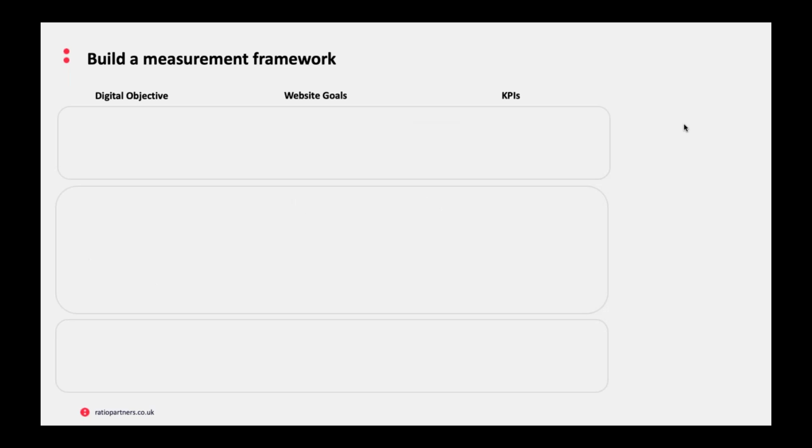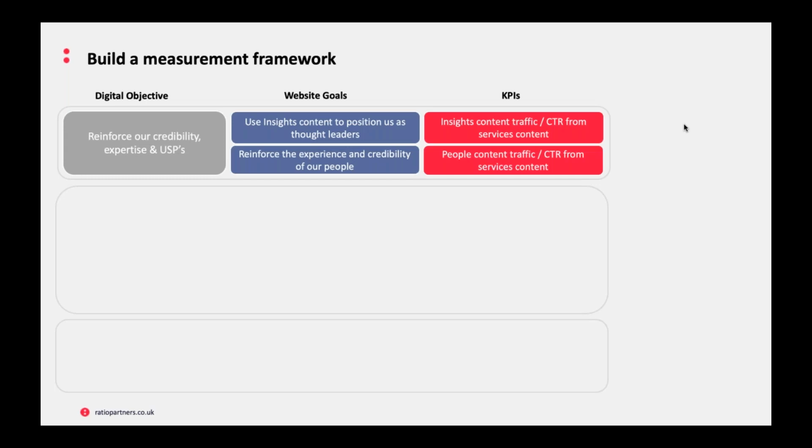So now I'm going to run through an example of a measurement framework. A couple of things this should include: digital objectives, website goals, and importantly, KPIs. And again, this will vary from business to business. There's no one size fits all. It doesn't have to be as in depth as this. It could be more in depth.